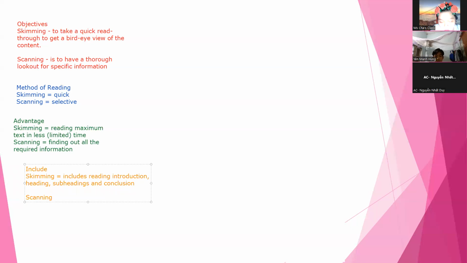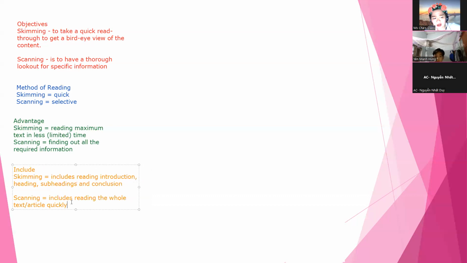Unlike when we are doing scanning, what does it include? In scanning, it includes reading the whole, take note, the whole text. We also have a reminder in there: whole text or article quickly. Teacher, you said we do skimming quickly. Why do you say in scanning also quickly? Yes, but what makes them different? Take a look at the difference.